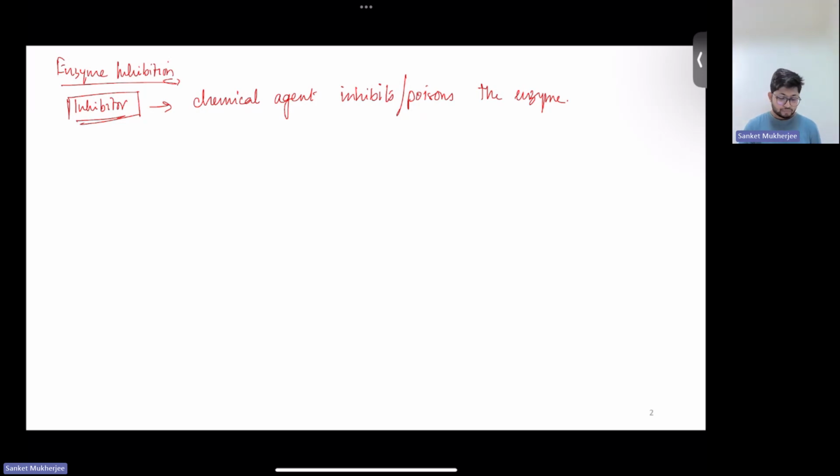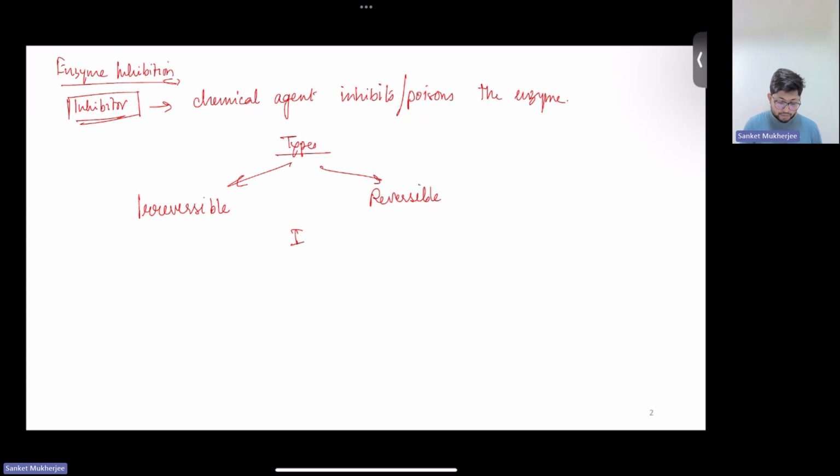So we talk about the types. They can be of two types, either irreversible or reversible, right?